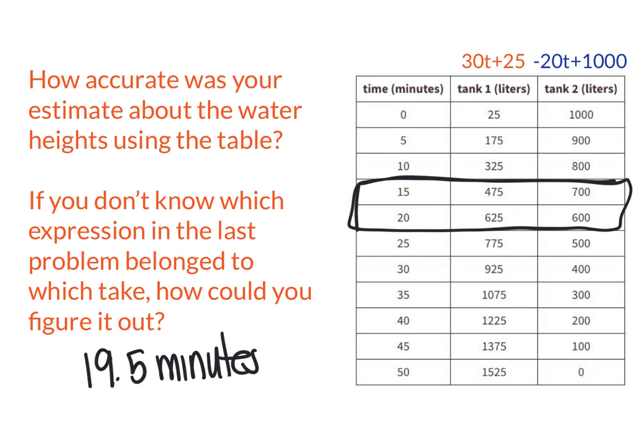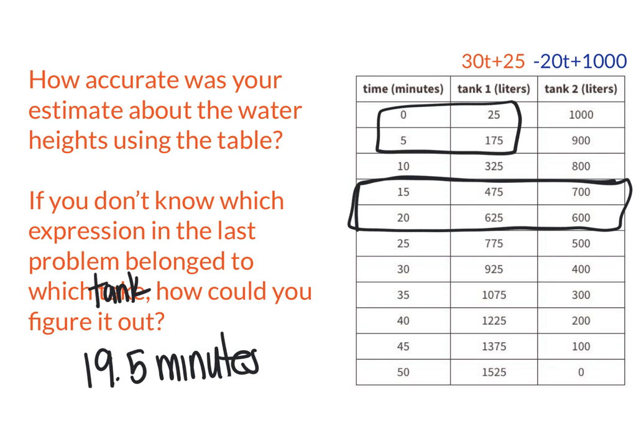Here they ask us, if you didn't know which expression in the last problem belonged to which tank, how could you figure it out? So how could we write an expression here with tank 1? I want you to remember, how do we calculate slope?